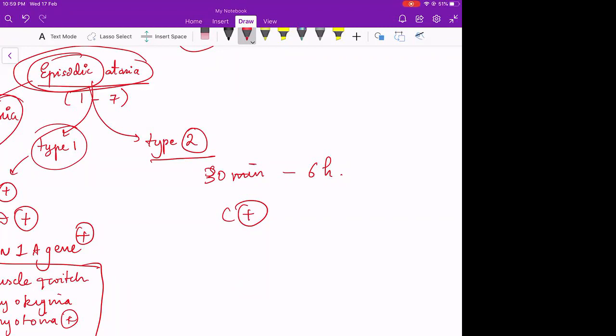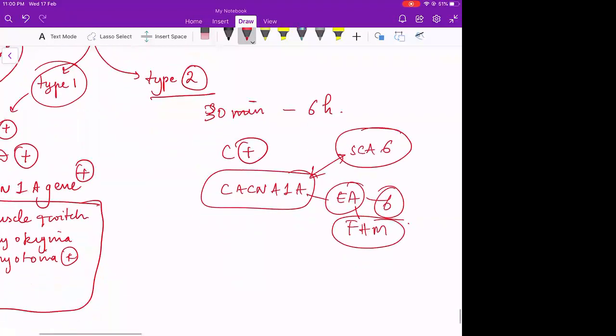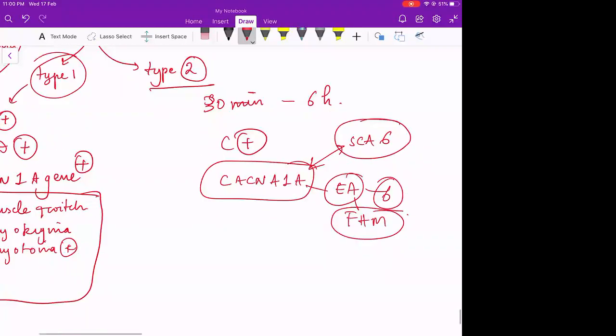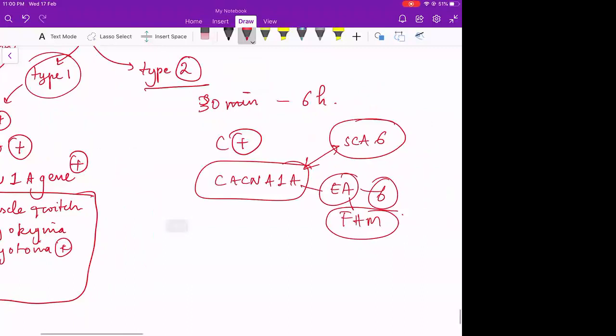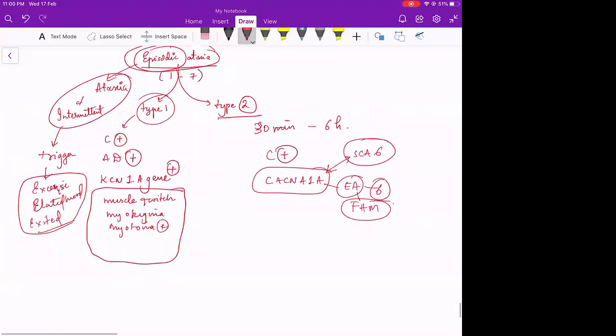Here, the gene which is affected is the CACNA1A gene, the same gene which is affected in SCA6. Even the same gene is affected in episodic ataxia type 6. The patient will have familial hemiplegic migraine in episodic ataxia type 6. So these are the important points about episodic ataxia.